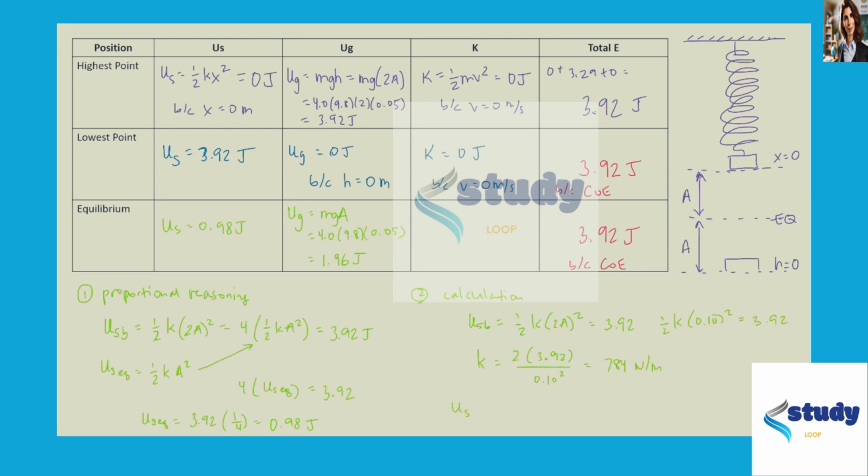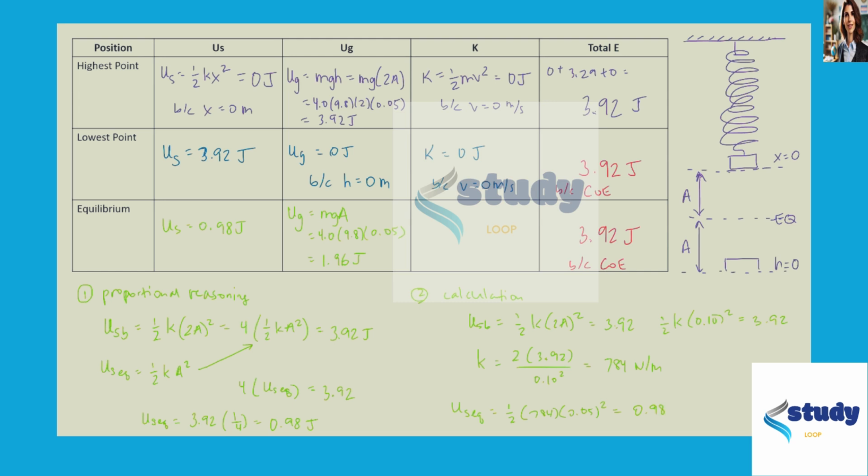And now I could calculate elastic potential energy at equilibrium with 1/2 times 784 times a spring stretch of only 0.05 meters, and I get 0.98 joules.